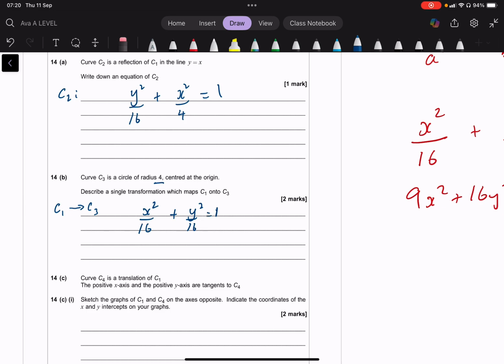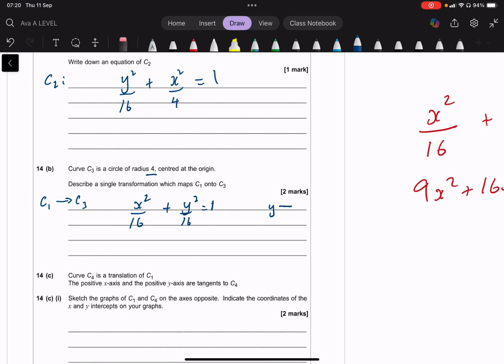So the y needs to be replaced with y over 2. And so there must be a stretch parallel to the y-axis, scale factor 2.